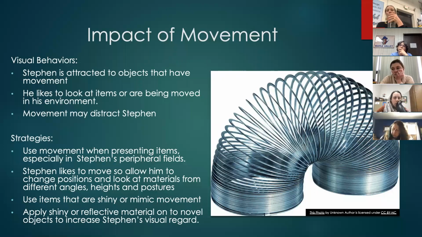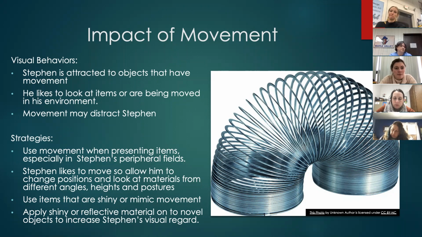But if a kid with CVI sees a cup turned on its side, they might not necessarily recognize it's a cup. So that's why we want to allow those kids to look at things from different angles and start making that generalization.